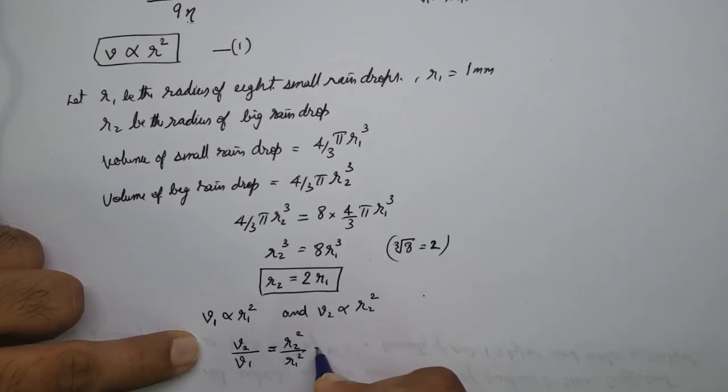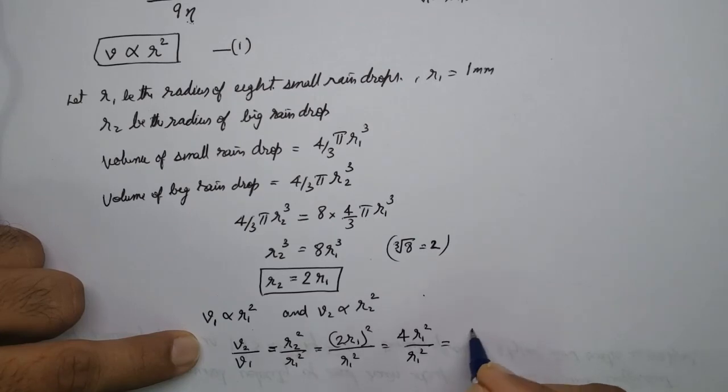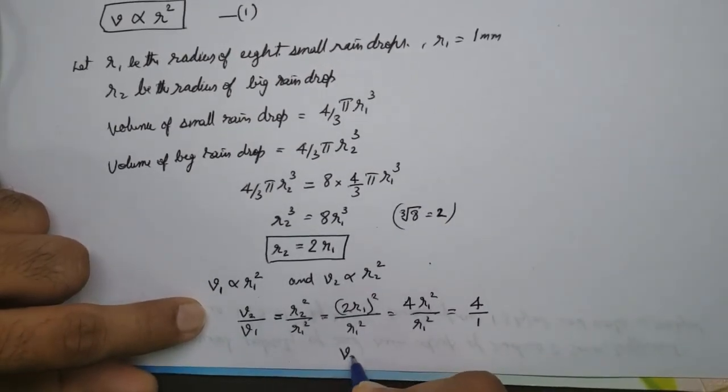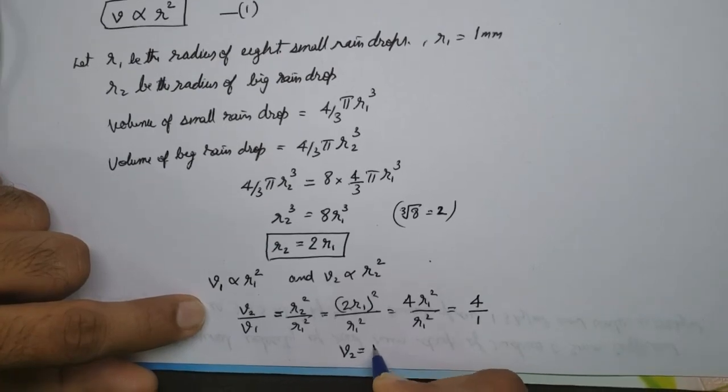What is r2? r2 is 2 times r1, so we substitute 2 r1 whole square divided by r1 square. That is equal to 4 r1 square divided by r1 square, or 4 by 1. So v2 is equal to 4 times v1.